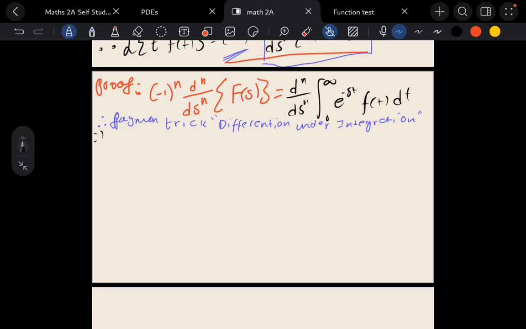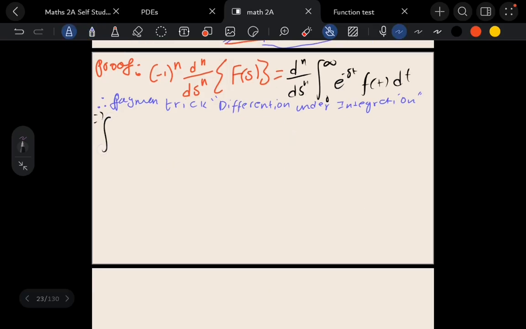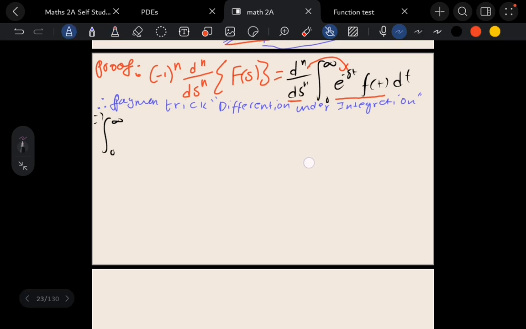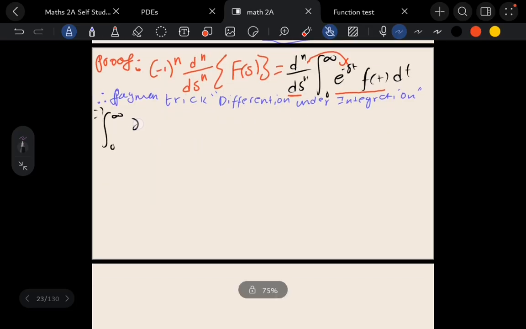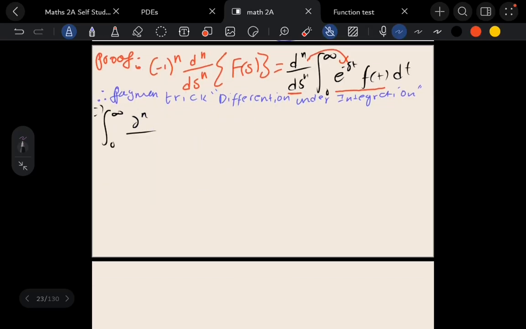Because this function is multivariable and we are deriving in terms of s, when we take the derivative and put it inside the integral, it changes from the straight derivative to a partial derivative. So we are going to have the integral from 0 to infinity of the partial derivative to the power n over the partial s to the power n of e to the power negative st f(t) dt.